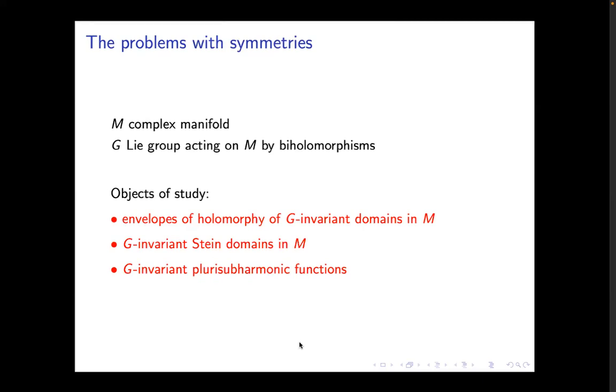We have a complex manifold with a Lie group acting, and we are looking for the envelopes of holomorphy of G-invariant domains in M. We try to characterize G-invariant Stein domains in M. And in general, we are also interested in G-invariant plurisubharmonic functions.